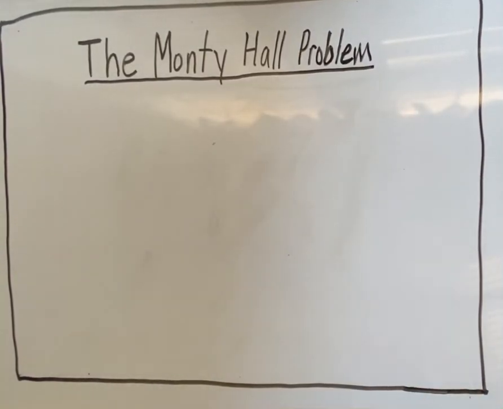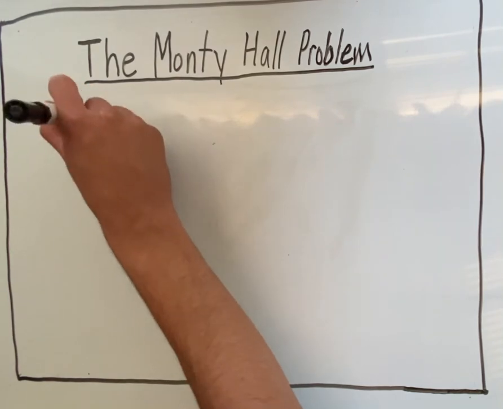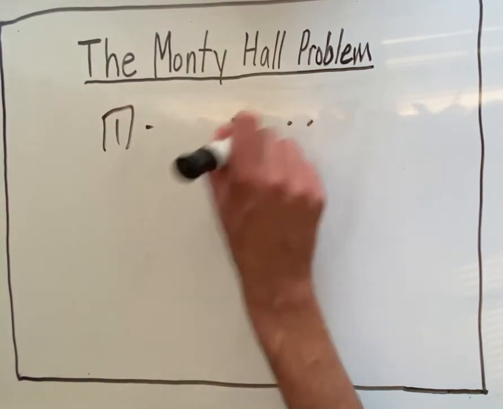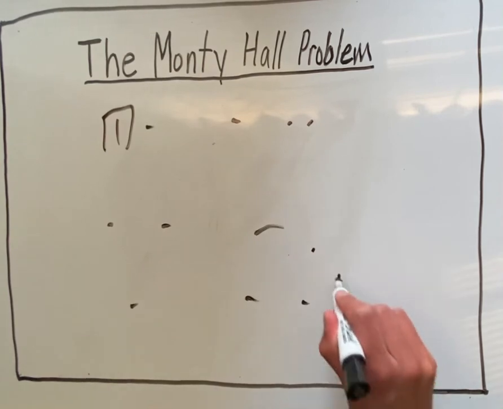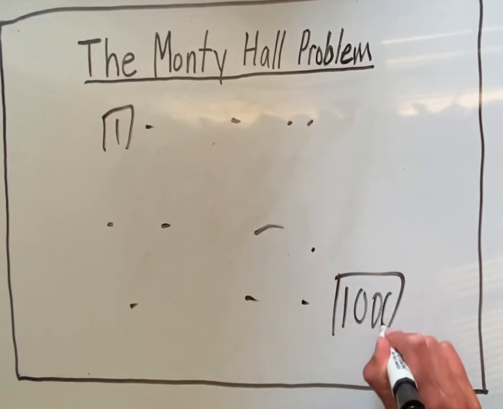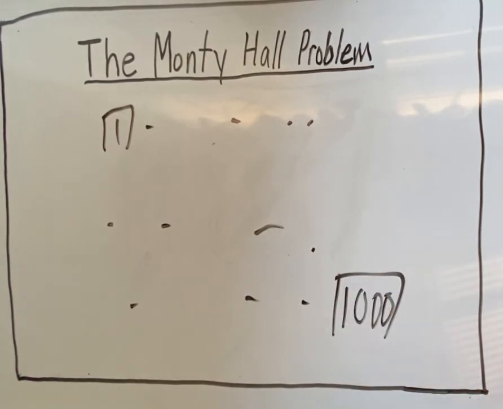So there's door 1 over here, and a whole lot of doors, and door 1,000 over here. So you have 1,000 choices at first. And so again, there's just one door that has the money, and there are 999 doors which are empty. So suppose now the way it works is you're supposed to select a door, then 998 doors are opened and shown to be empty, and then you have the choice to either stay or switch.